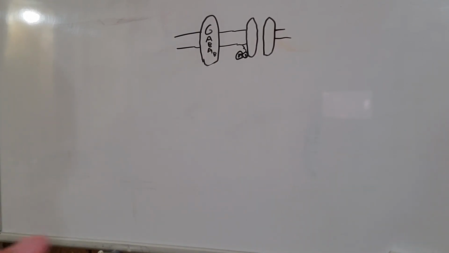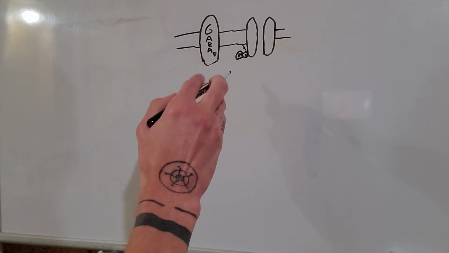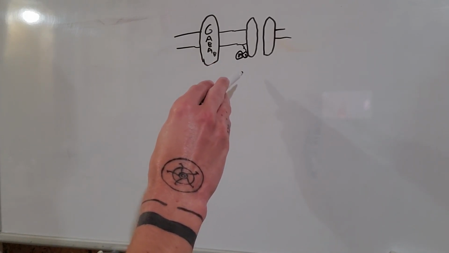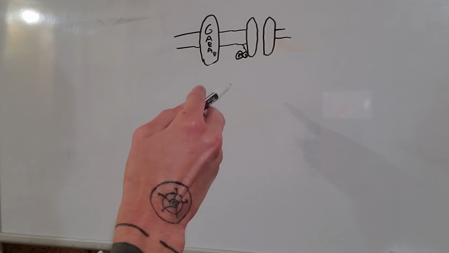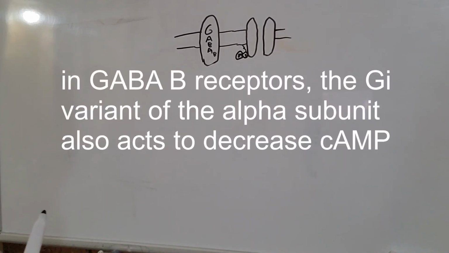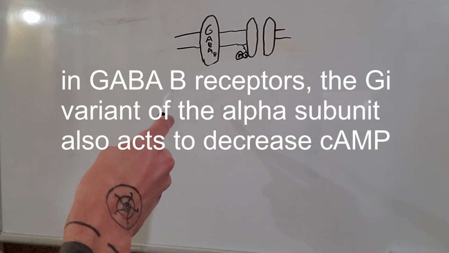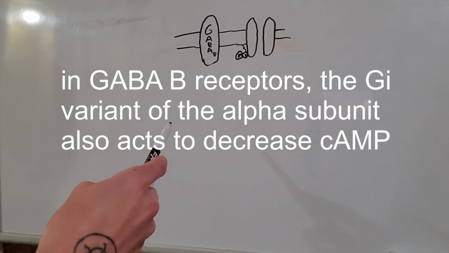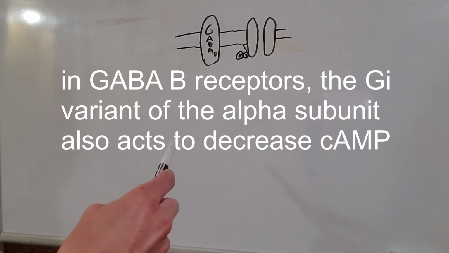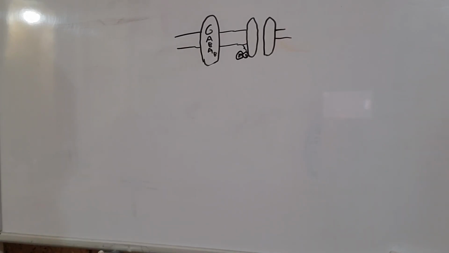So in this case, the beta gamma subunit acts as a propagator of the signal as well. So it has that function too. Sometimes one will elicit the transduction of the signal, or sometimes both will. It really just depends on the circumstance, the receptor, on a lot of factors.